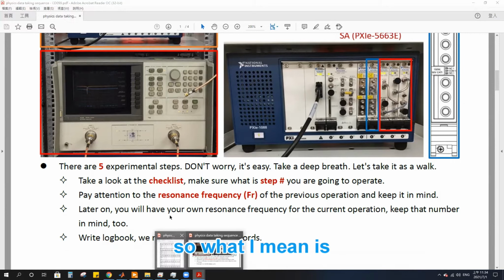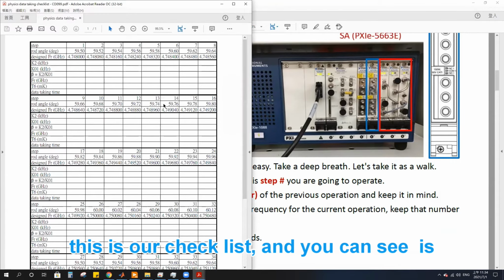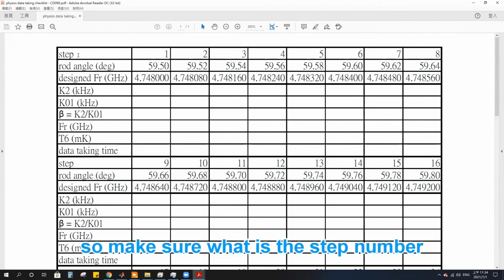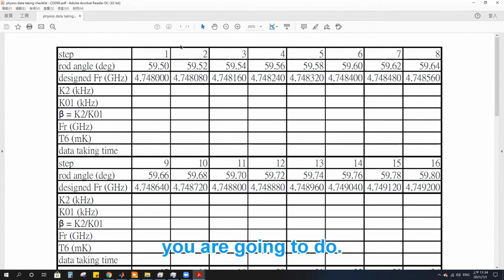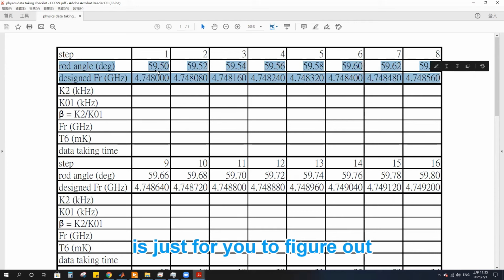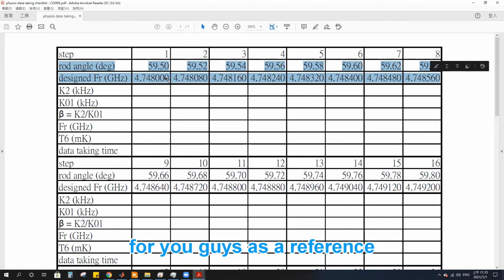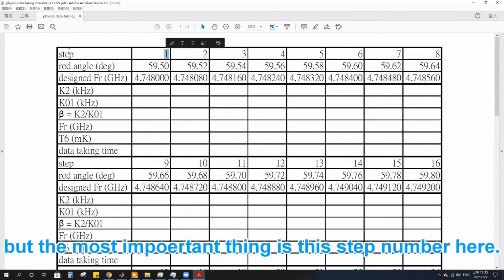This is our checklist, and you can see it's much shorter than last time. Make sure what step number you are going to do. Okay, and these 2 rows here are just for you to figure out. This number doesn't mean anything, but is just a reference for you when you do the experiment. But the most important thing is this step number here.